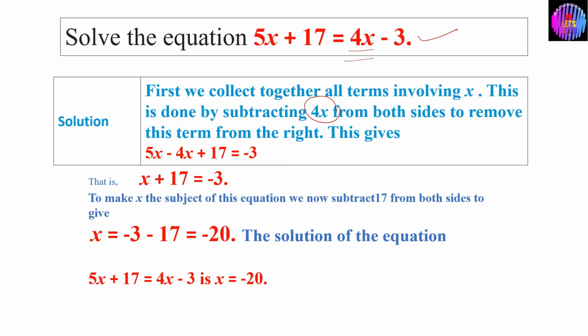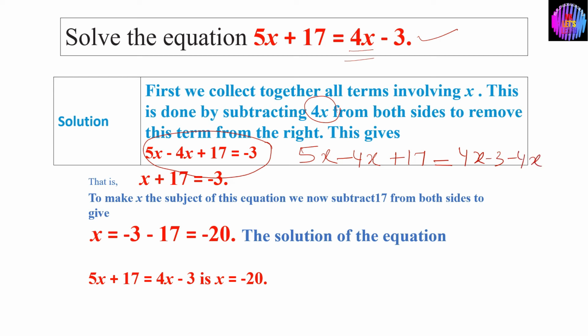Subtracting 4x from both sides to remove the 4x term from the right also, we will get 5x minus 4x plus 17 is equal to 4x minus 3 minus 4x.